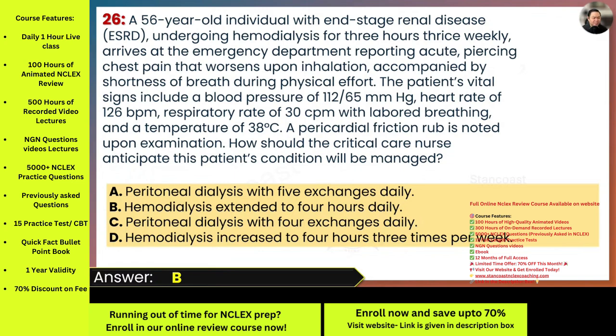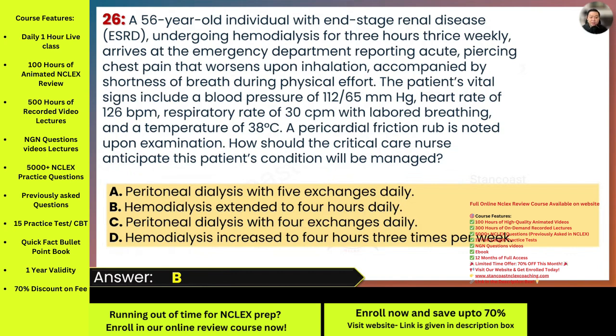Letter D, hemodialysis increased to 4 hours 3 times per week. Is this going to be sufficient? Well, we know that this option increases hemodialysis duration, but it does not provide the intensive daily intervention that is required for the uremic pericarditis.